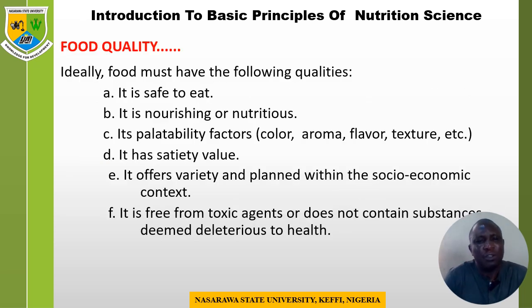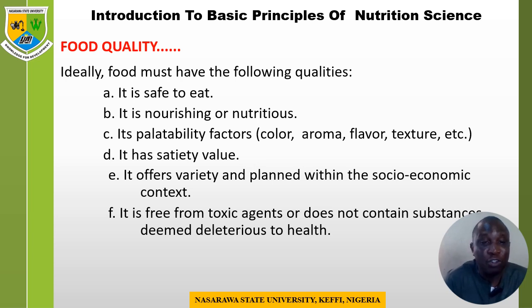Then, what kind of quality do we expect from food? Ideally, food must have the following quality. 1, it is safe to eat. 2, it is nourishing or nutritious. 3, it has palatability factors such as the color, aroma, flavor, texture.